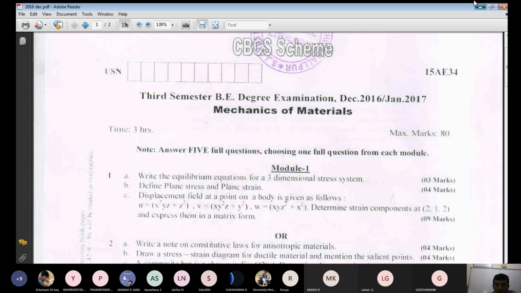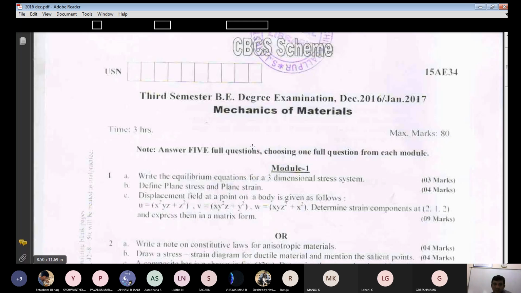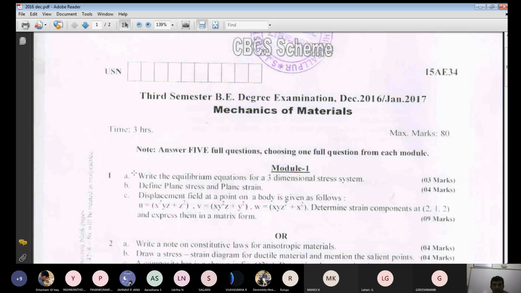Clear? Now take this as an assignment. In assignment 1, write this problem also. This 1C is an assignment. Clear? Is there any doubt regarding this? Yes, give me a response.